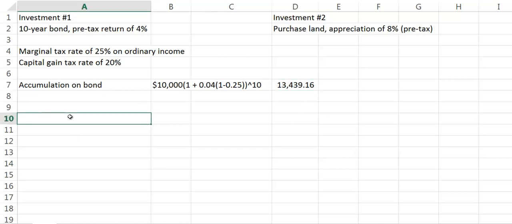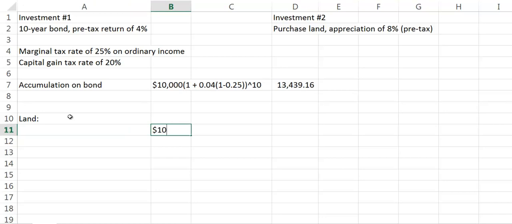So now let's look at the land. It says in the scenario that we're going to purchase land for $10,000, and we're going to get an appreciation on the land of 8%. Must be the Austin economy.